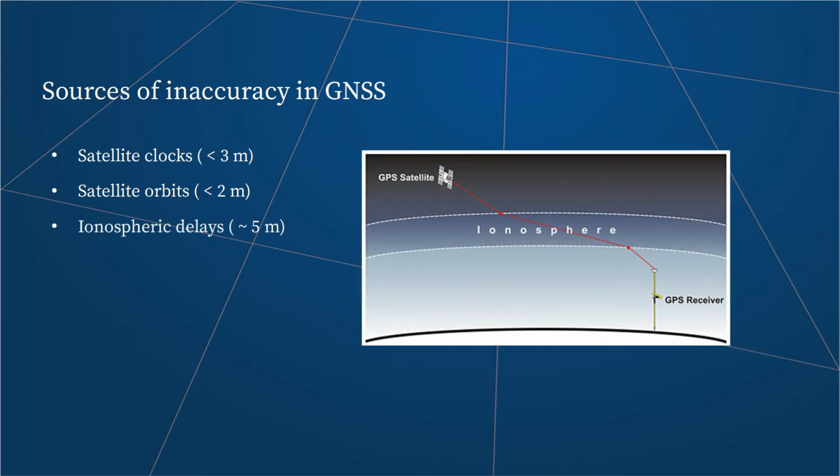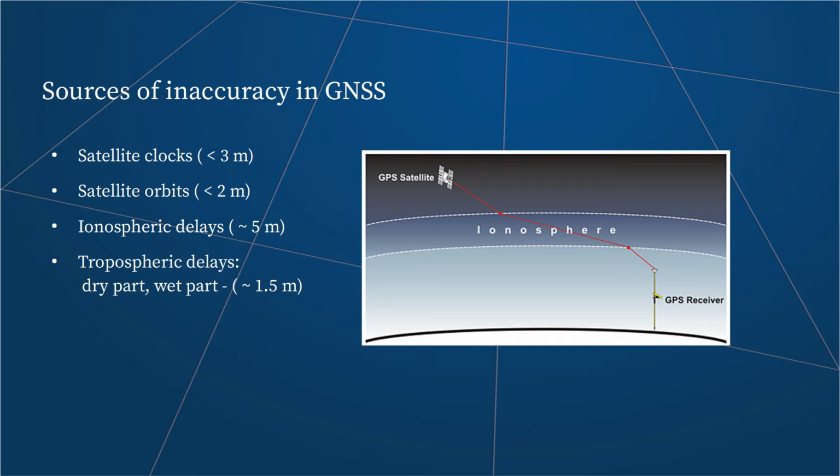The next contributing factor is ionospheric delay. Because the signal is refracted in the ionosphere, the actual traveling path of the signal is longer than the straight line, and this converts to a delayed signal. The good thing is that these delays are a good subject for modeling and for predicting. Then we have tropospheric delay.